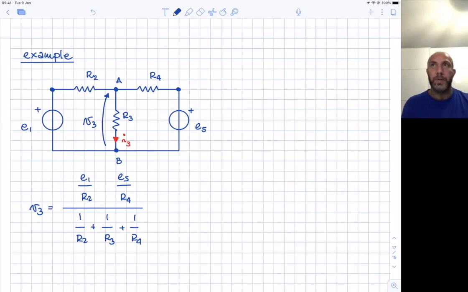Both terms have the plus sign, since the directions of the electromotive forces of the generators are in accordance with the voltage V3. Once we have V3, it's simple to calculate the unknown I3 using Ohm's law, so V3 over R3. So for this specific circuit, Millman's theorem is the simplest way to get the result.